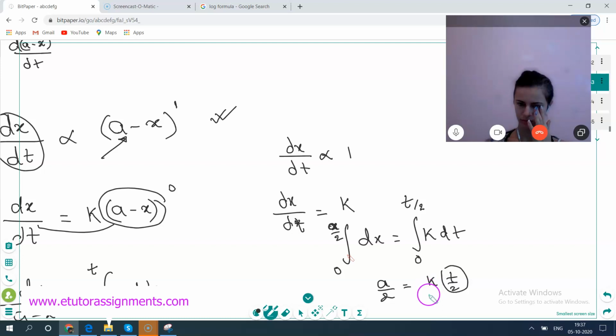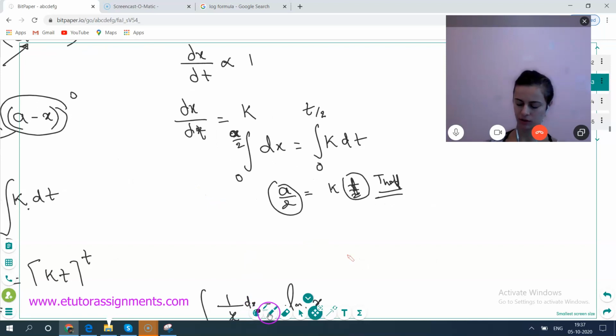So t half is equal to A divided by 2k, that is, t half is equal to A by 2 times 1 by k.